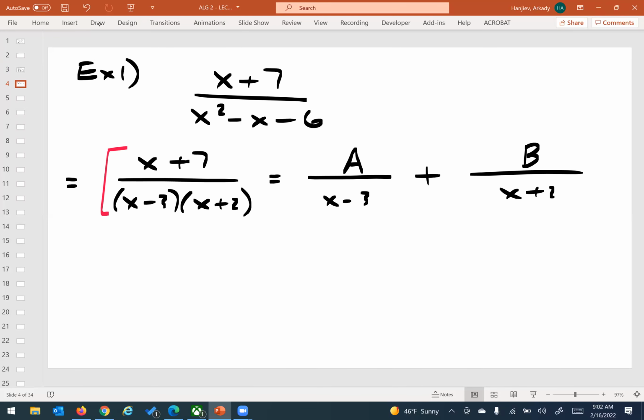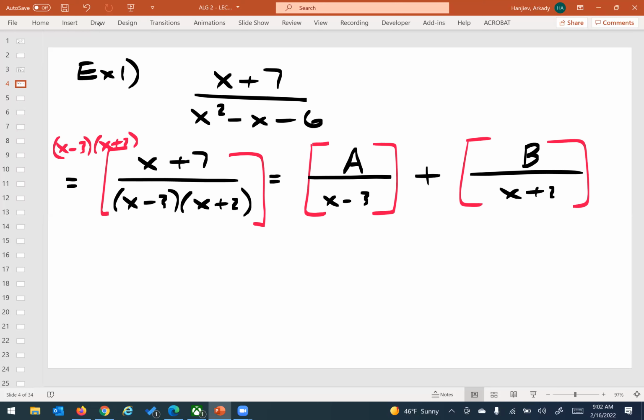So essentially multiply both sides by an x minus 3, x plus 2 here. We multiply this by the same thing. So everything gets multiplied by x minus 3, x plus 2. And what happens?